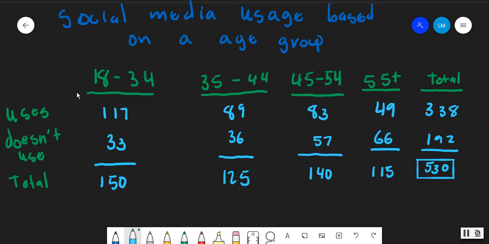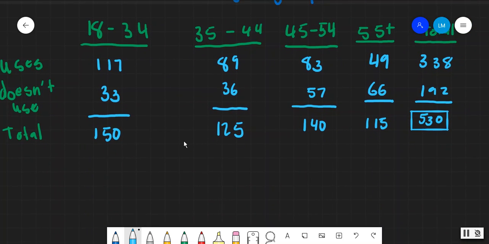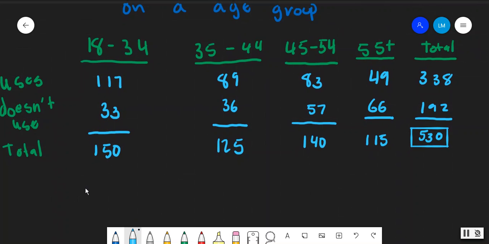Now, the whole point is so that you realize that, for example, we wanted to compute the probability that an individual uses social media given that they were from the first age group of 18 to 34. How do we do this? You have to look at what is the given.